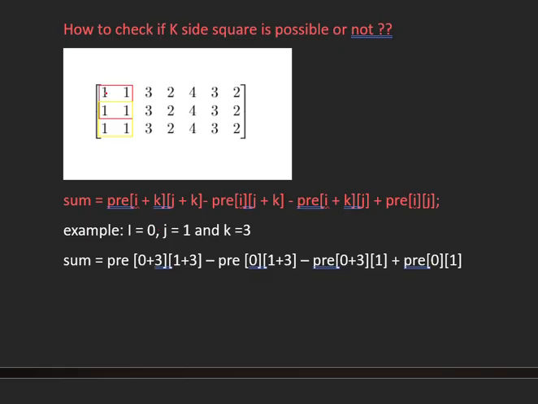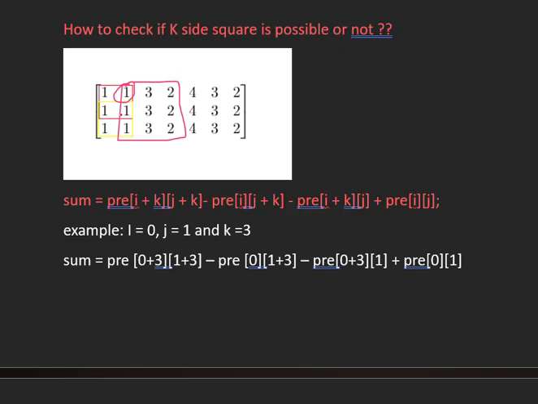Suppose we are at this point, and we have to find the sum of this square. So how will we find it using the matrix that we have calculated?